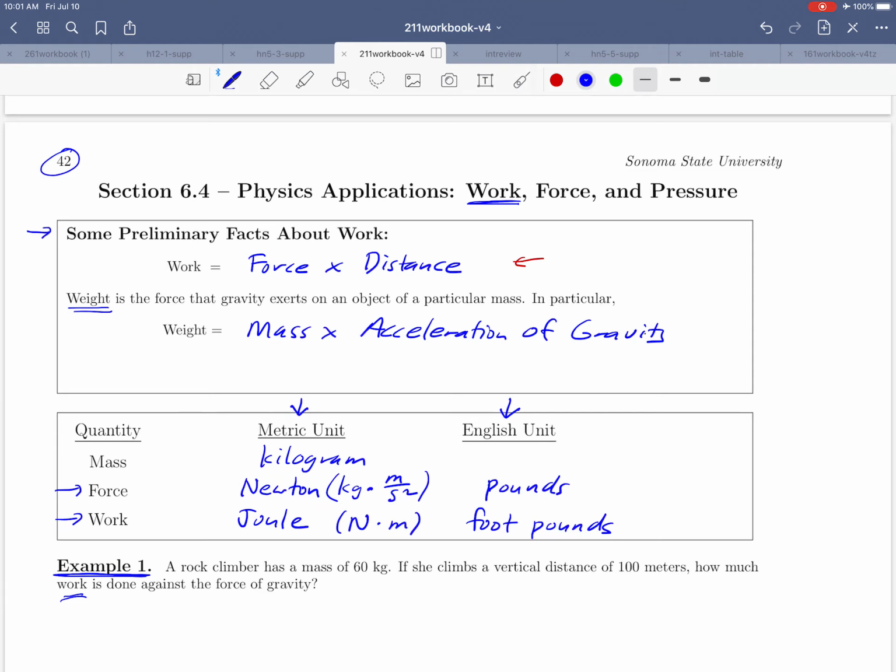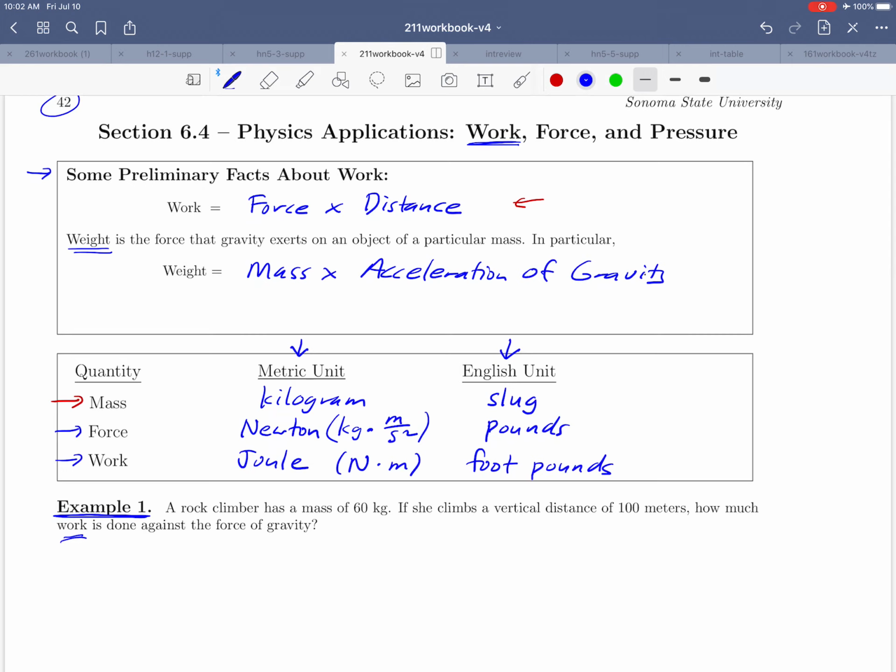Seems like there ought to be a better word for it, but that's the unit that's generally used. And then probably the strangest out of all of these, what is the English unit of mass? Okay, this may be the first and the last time you ever hear this word. It's called a slug, mass in slugs. You're going to think I'm making that up, but I'm not. Okay, and like I say, we are not going to mention that unit ever again, but just for completeness, we'll put it on our table here.